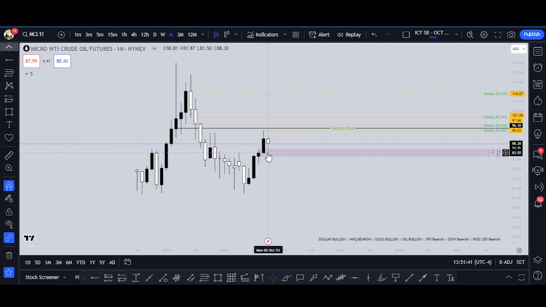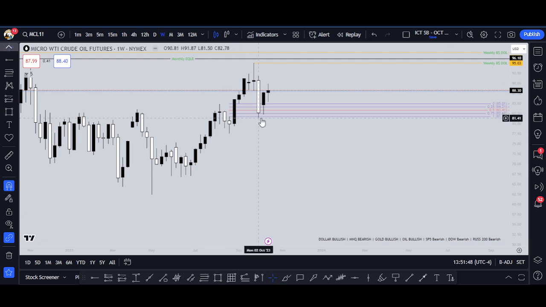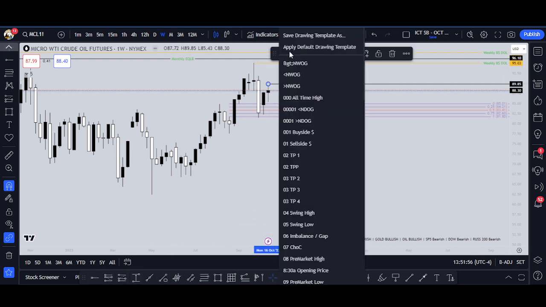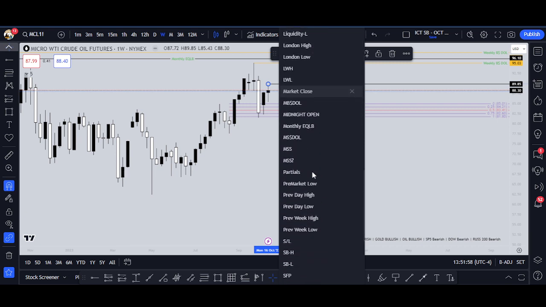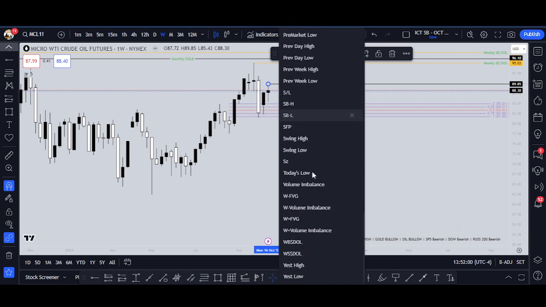This is a weekly fair value gap, but we went down and now we're drawing up. Let's take a look at the weekly. Last week closed above the previous week's high, so last week's high is going to be the first draw on liquidity for me.